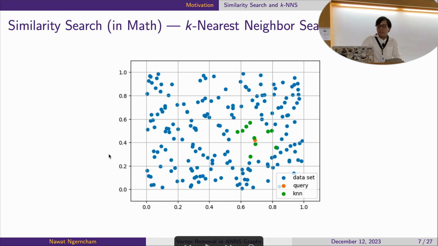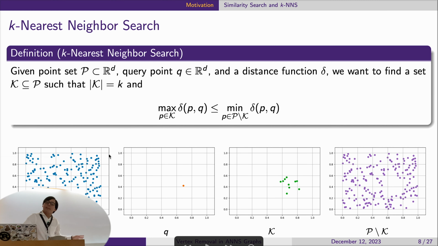The formal definition is: given a point set P, a query point Q, and a distance function delta, we want to find a set K such that set K has k members inside of it, and everything inside of the set K is closer to the query point than everything outside of set K. I've separated the different sets down here.